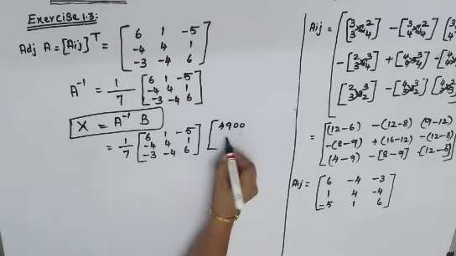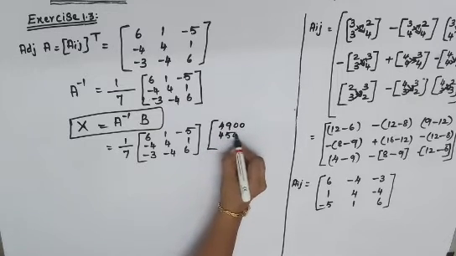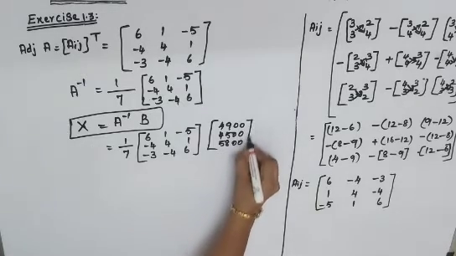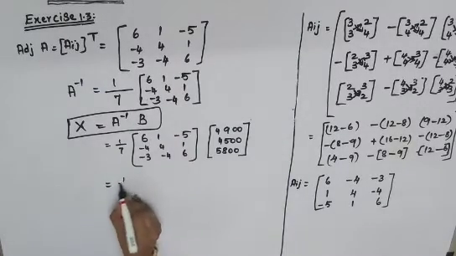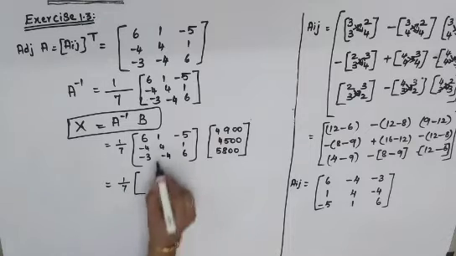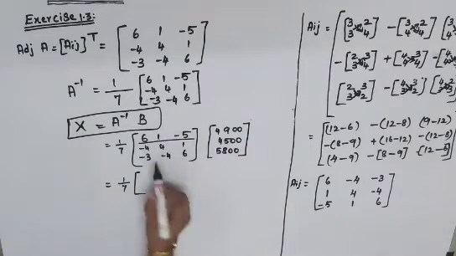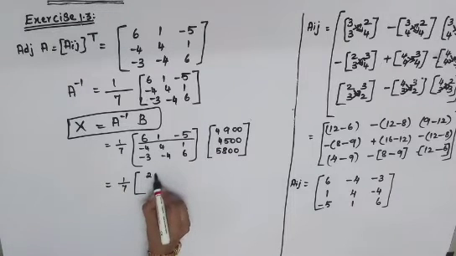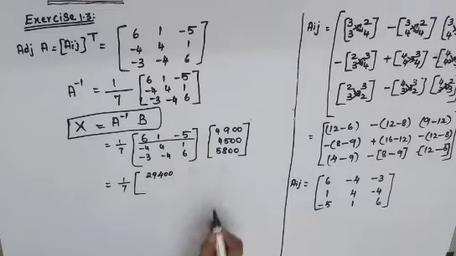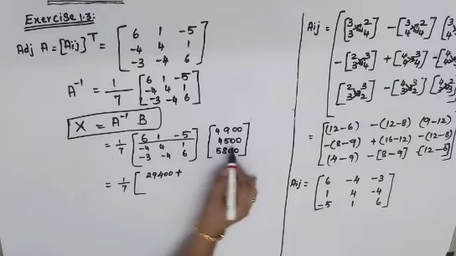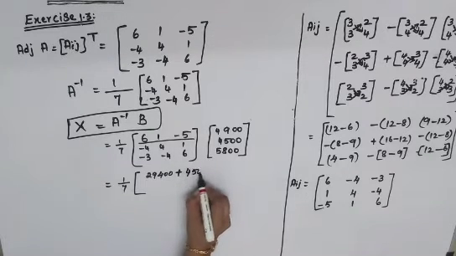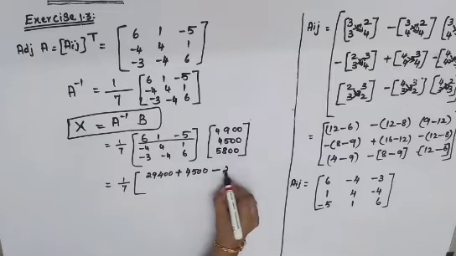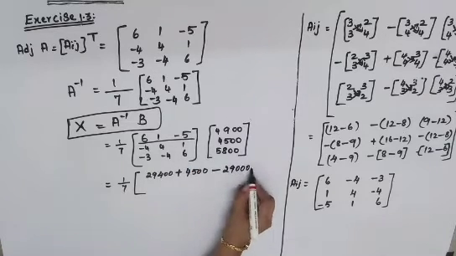B is 4,900, 4,500, 5,800. Solving minus 1 by 7, first row, first column, 6 into 4,900, you'll get 29,400, plus 1 into 4,500, minus 5 into 5,800, which is 29,000.